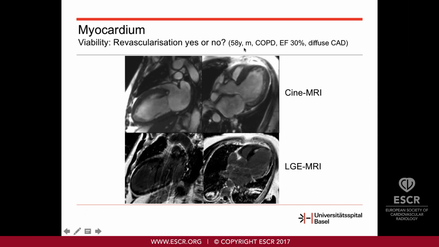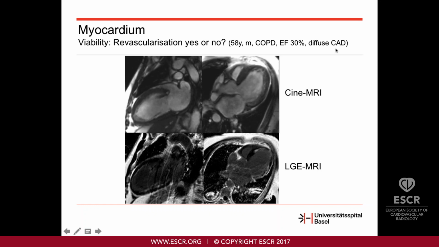If we have segments with no viable myocardium, it doesn't make a difference whether we revascularize these myocardial segments or we treat them just medically. The outcome is the same. However, if we have myocardial segments with viable myocardium, it's a big difference. If we revascularize these patients, the outcome is substantially better as compared to medical treatment alone.